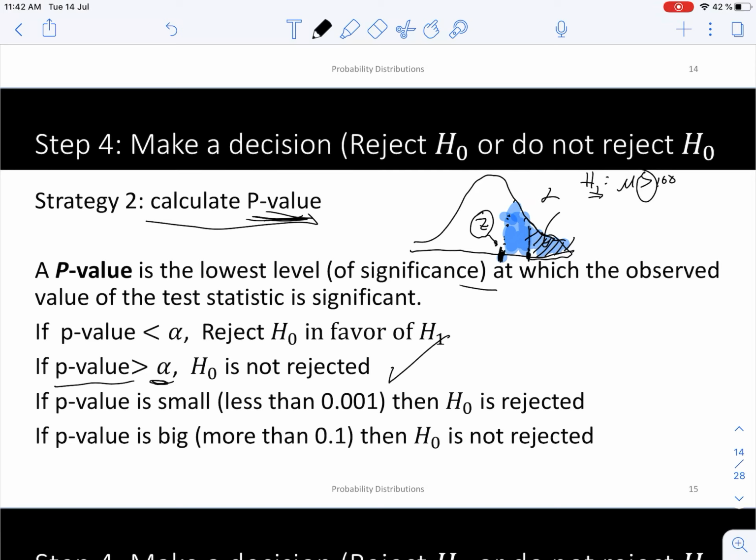Now, if the opposite occurs, let me change even the distribution. It doesn't matter which distribution it is, the analysis is the same. Imagine that this is a test where the rejection area is to the left. That means that the alternative hypothesis is less than.